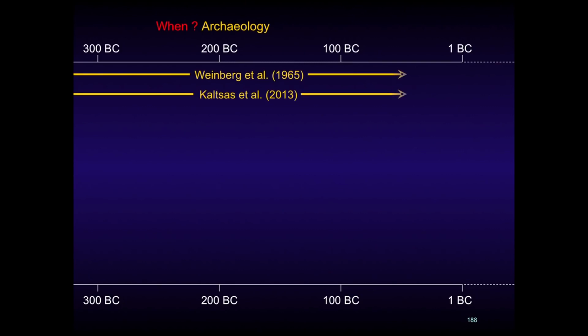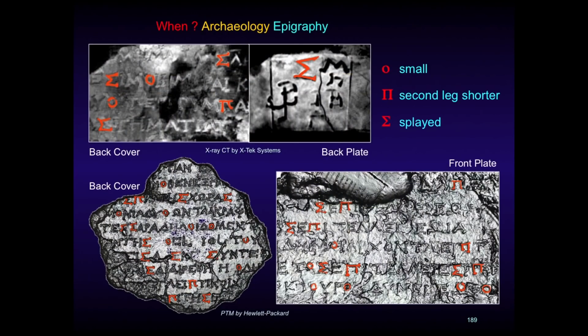But obviously we want closer information than this. And there's information in the inscriptions, the epigraphic analysis of the inscriptions, and epigraphers, of which I'm very much not one, do stylistic analysis of the letter forms and can give information from that about the date of the inscription.